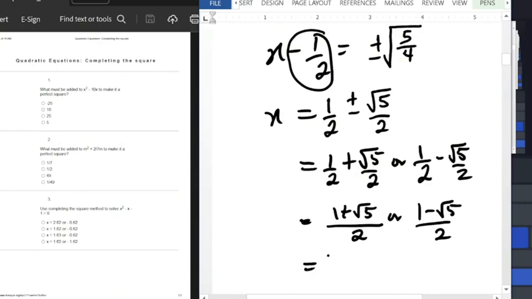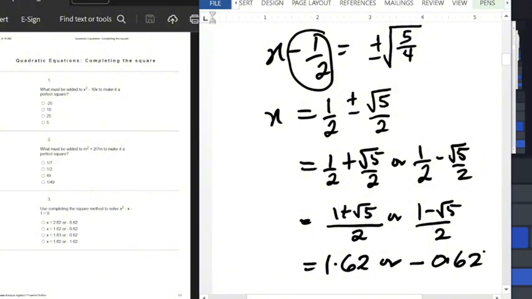So let's see what we're going to have. 1 plus root 5 divided by 2 gives us 1.62, or 1 minus square root 5 divided by 2 as well gives us minus 0.62.